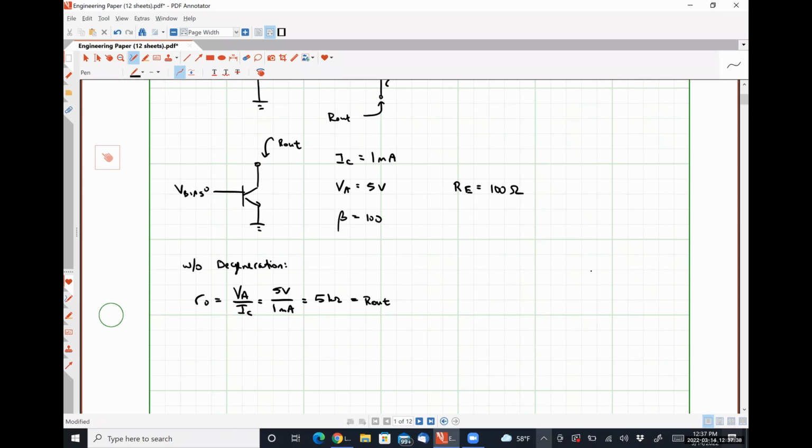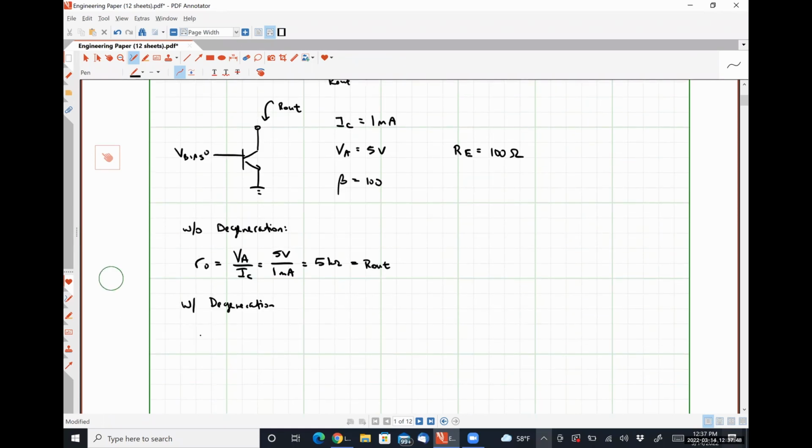With the emitter degeneration resistor included, we need to know what our transconductance is, GM, where GM is IC over VT, and we need R pi, which is given as beta VT over IC.